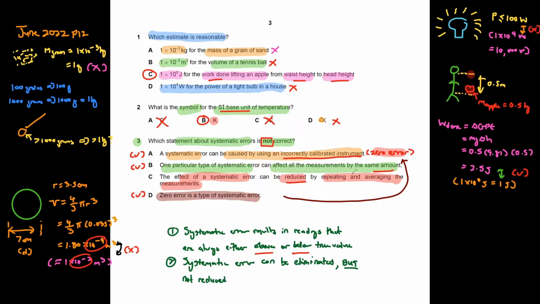Okay, so even if you take repeated readings and then average them, it will not reduce your systematic error. So answer choice C is the wrong statement. It is the answer that you want right over here. Okay.